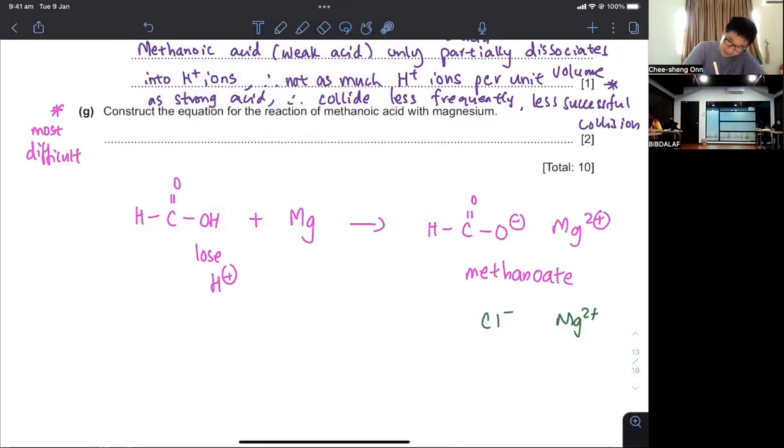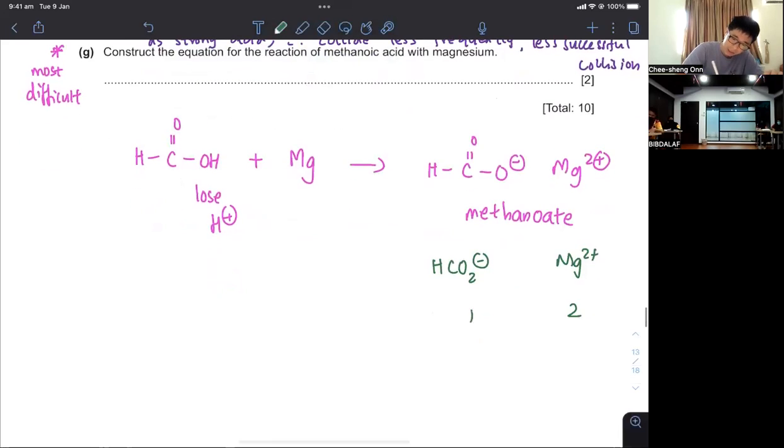But this is not Cl minus, it's just something with a minus 1. It doesn't matter what it is, 1 and 2. We look at the charges, and we know how to do a year 9 concept because this is about cancelling out the charges. How many do you have?